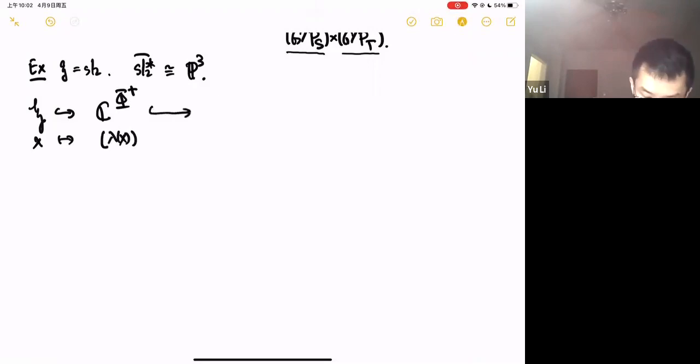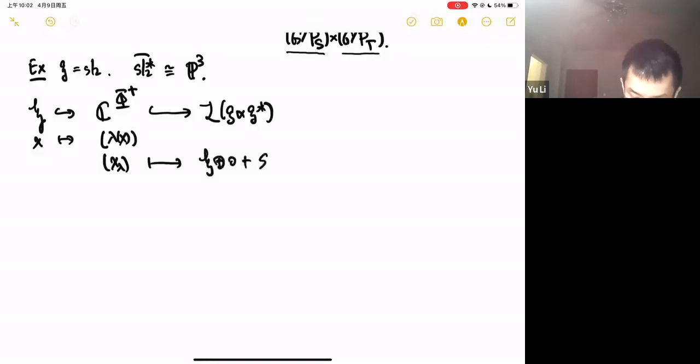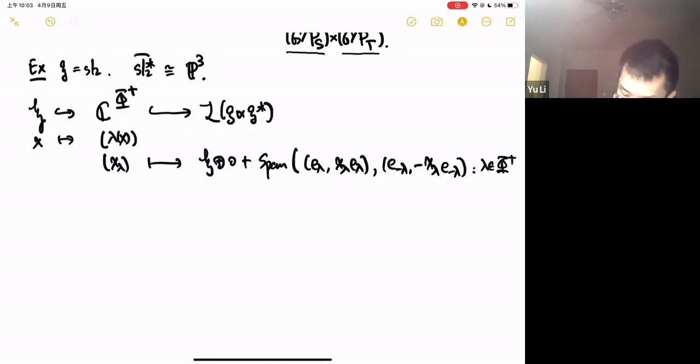And then from here, I get a map to the variety of Lagrangian subalgebras, where a tuple x sub lambda goes to H direct sum 0 plus the span of E lambda times X lambda E lambda, and also E negative lambda negative X lambda E negative lambda for all positive roots lambda.